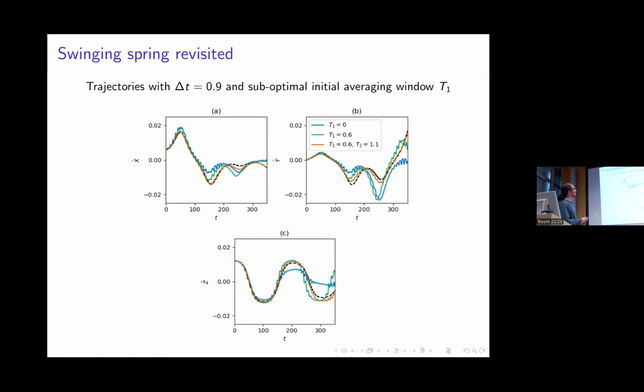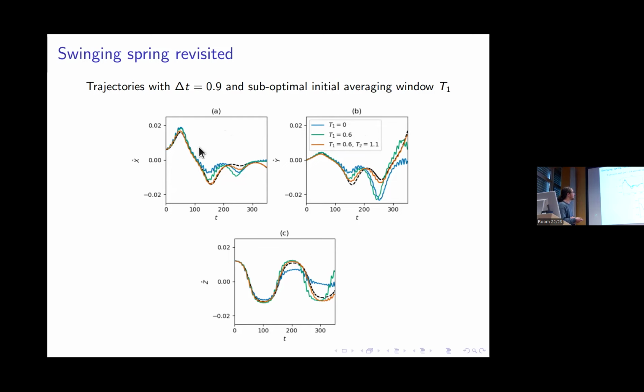So I was arguing that one advantage of this might be you might not know the optimal averaging window in advance, so you could use 2 different averaging windows. So here we've started with a suboptimal averaging window, which is this T1 0.6, and you can see that the phase averaging method is much worse than in the previous slide. You have these oscillations coming in somewhere between the true solution and the forward Euler solution.